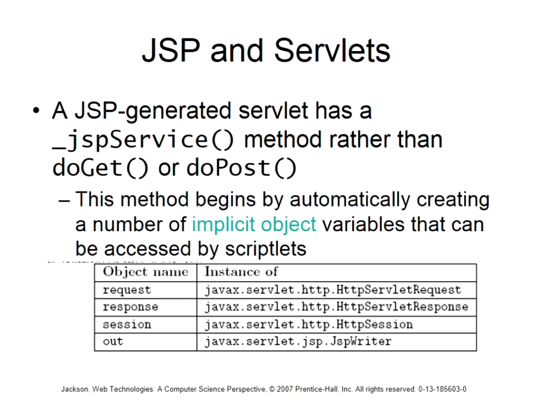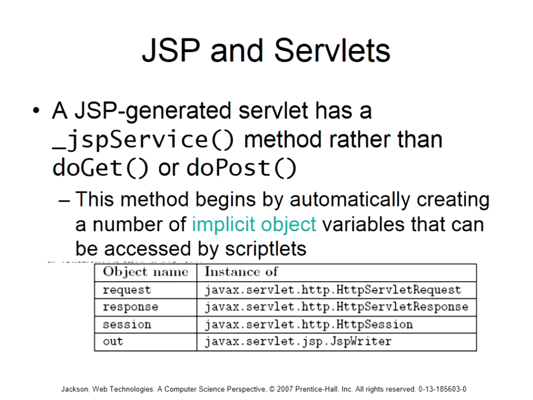So a GSP-generated servlet has a GSP service method rather than doGet or doPost. In an HTTP servlet, we have to write a doGet or doPost method. But when a server converts a GSP file to a servlet, the method created in this servlet is GSP service.